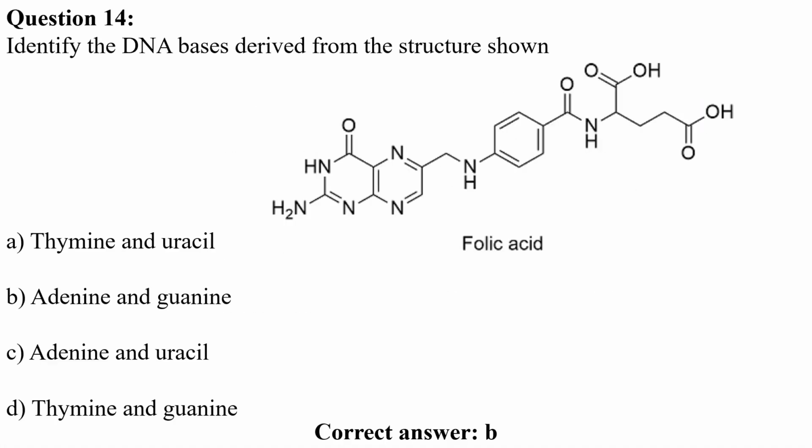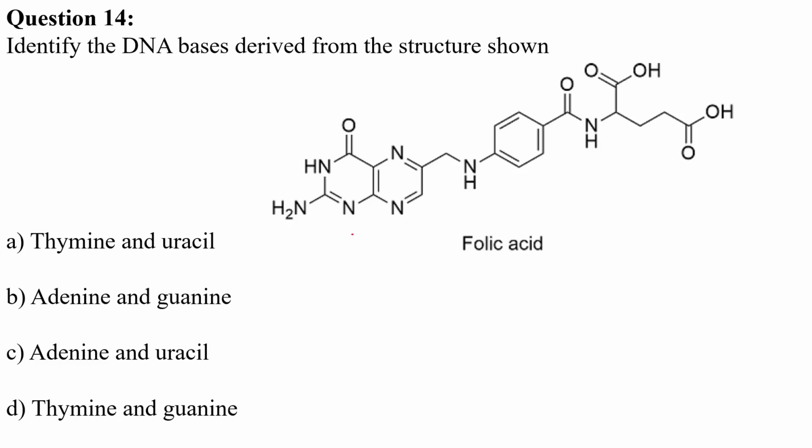So, the next question, sorry. Identify the DNA bases derived from the structure shown. Here we have a structure of folic acid, and from this folic acid two bases of DNA are derived. Which are the two bases?